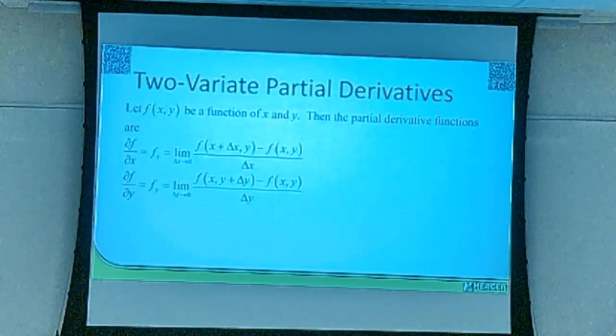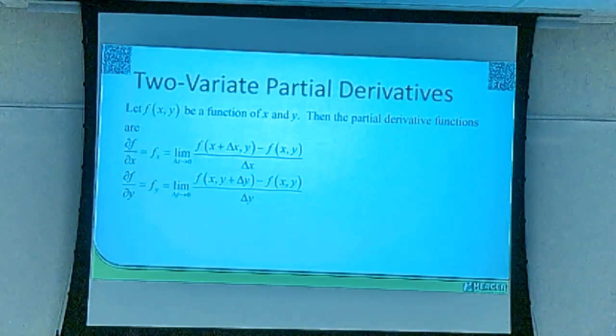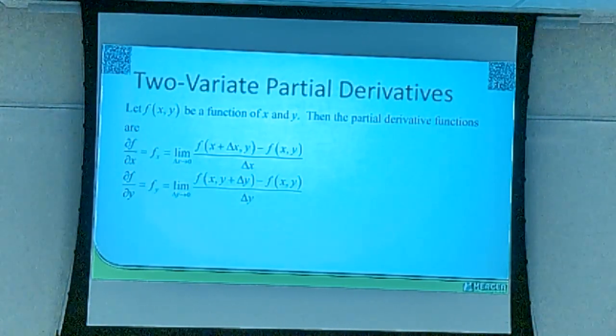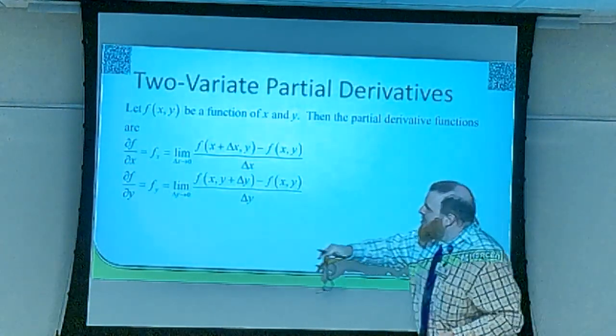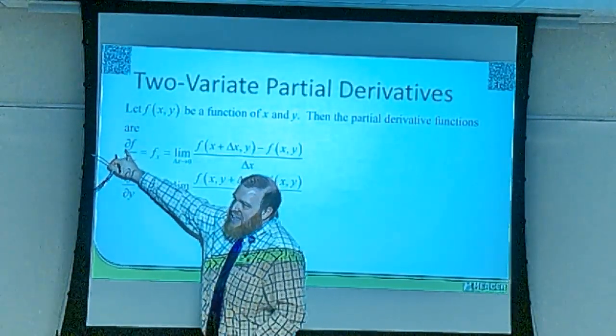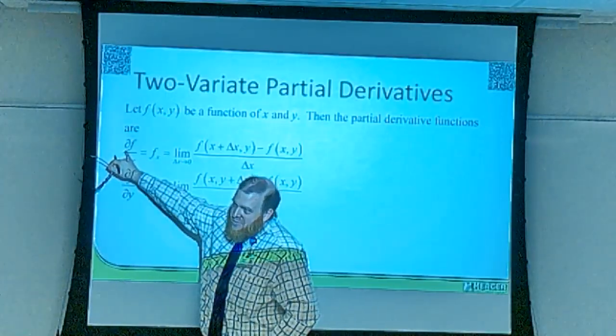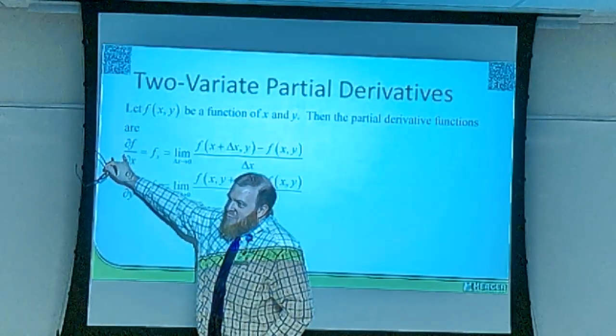Here we're dealing with two variables, so there are two partials and two notations: partial f partial x, or f sub x. This symbol we read as partial, but it is actually a del, not to be confused with the del operator that we'll study later.